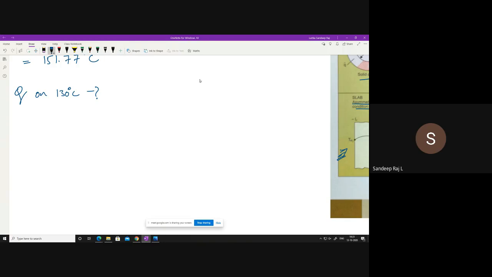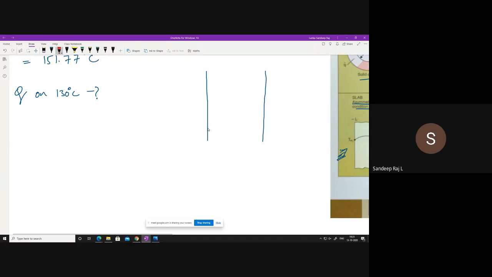For that, you have to look at the location of X first. Once you understand the location of X, then you will be in a position to find this Q.